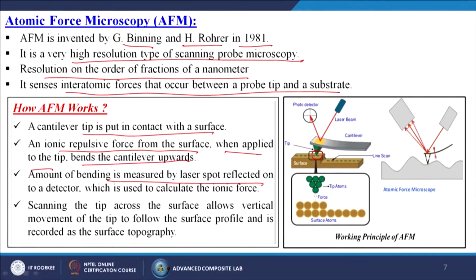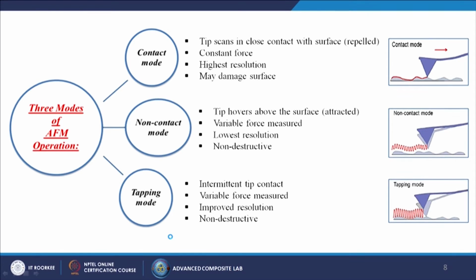The amount of bending is measured by a laser spot reflected onto a detector, which is used to calculate the force. Scanning the tip across the surface allows vertical movement of the tip to follow the surface profile, and it is recorded as the surface topography.